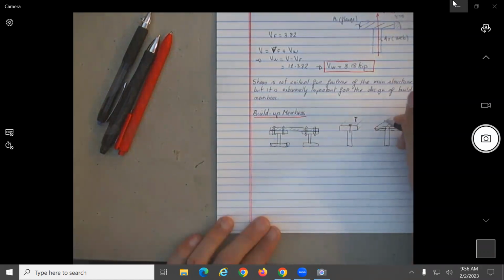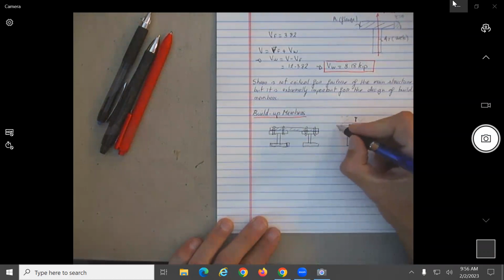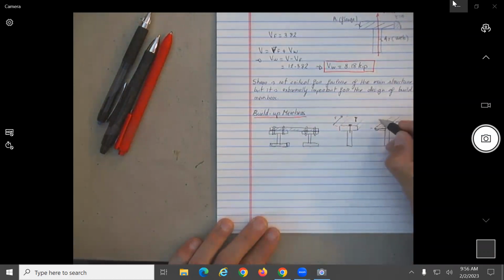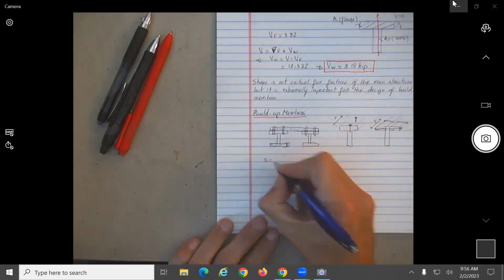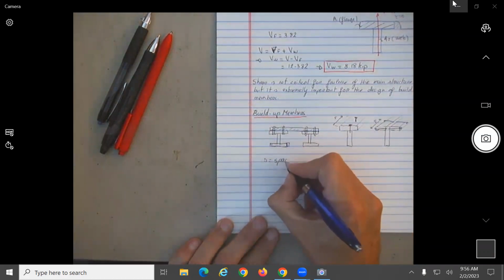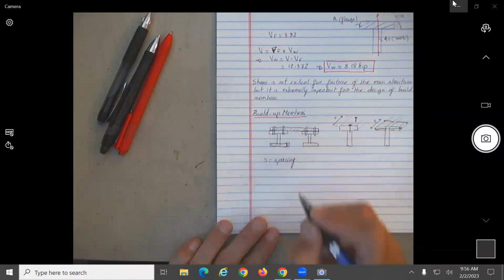Okay, and then you will have more over here, and another one over here, and so on. So this could be called here the S, where S, let's say, is called the spacing.